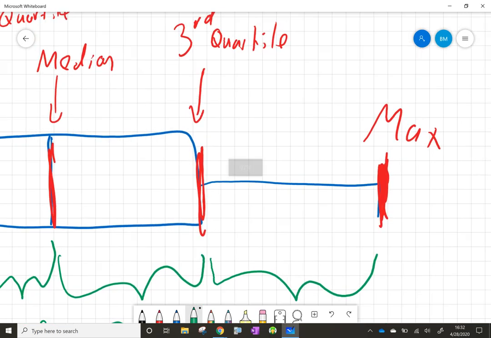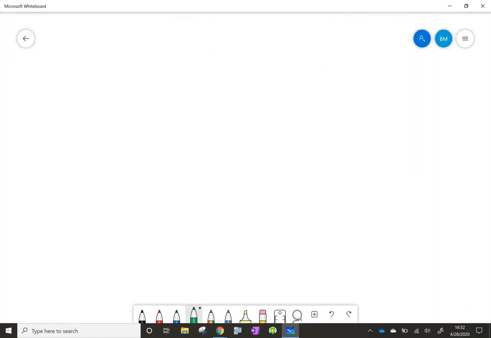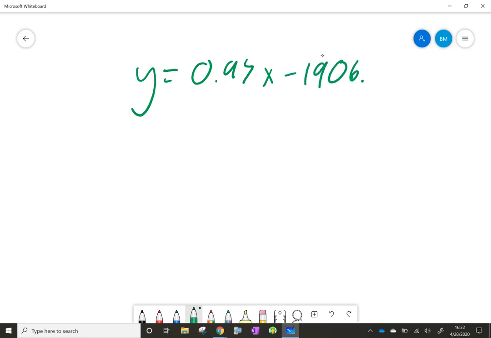So here's how you would work this one out. So remember the equation, it's still the same equation, y equals 0.97x minus 1906.6. 100,000 competitors is our y value. We're asked what year, so what x value will that occur when we have 100,000 runners?